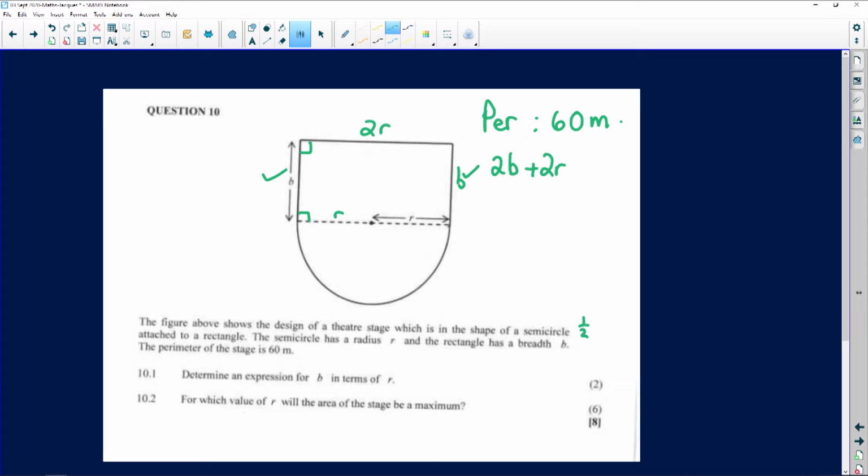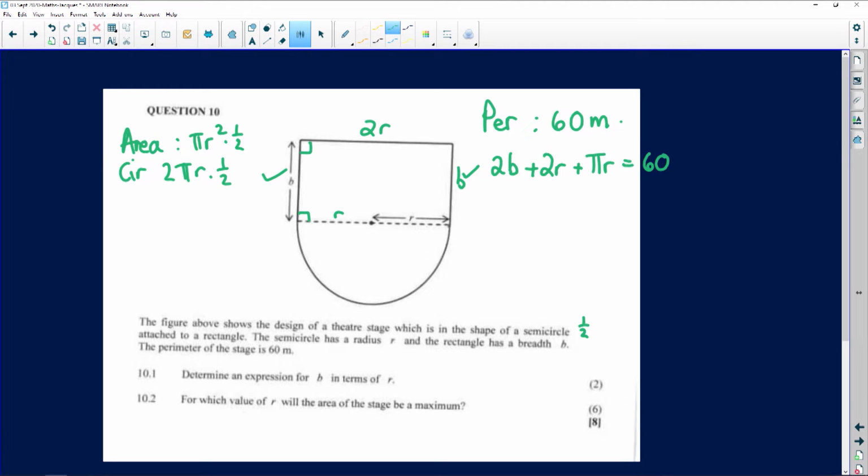Now we know that a circle has an area, first of all, of pi r squared, and it has a circumference of 2 pi r. Okay, so if we had a full circle. In this case, we have a half circle, so we must times each of these by a half. So this circular part here will be pi r. Now that collectively gives you 60.